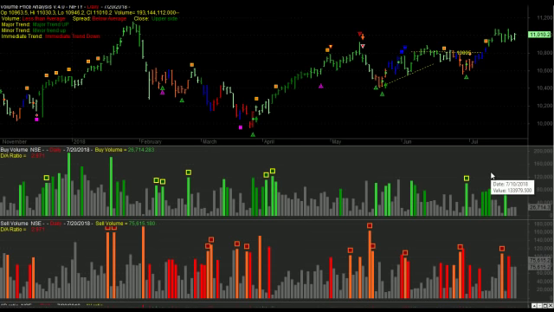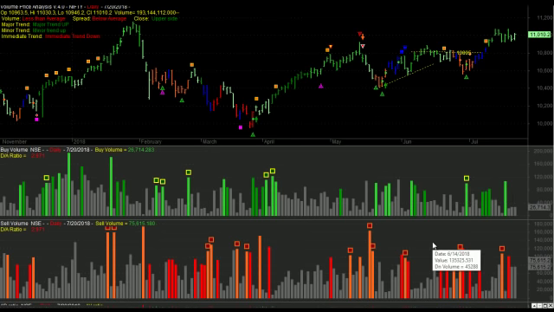If the buy volume is 3 times the sell volume, then the bars are colored green. If the buy volume is 5 times the sell volume, then the bars are colored lime. If the buy volume is more than 5 times the sell volume, and at the same time the advance decline ratio is more than 3, in other words, the advances are 3 times the declines, then you have the square on top.